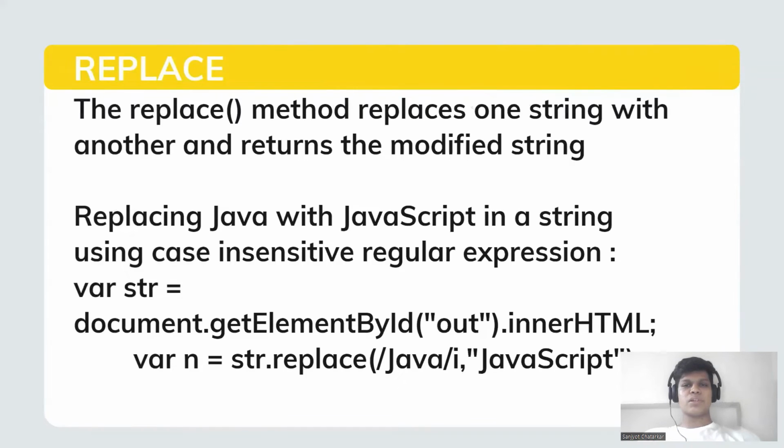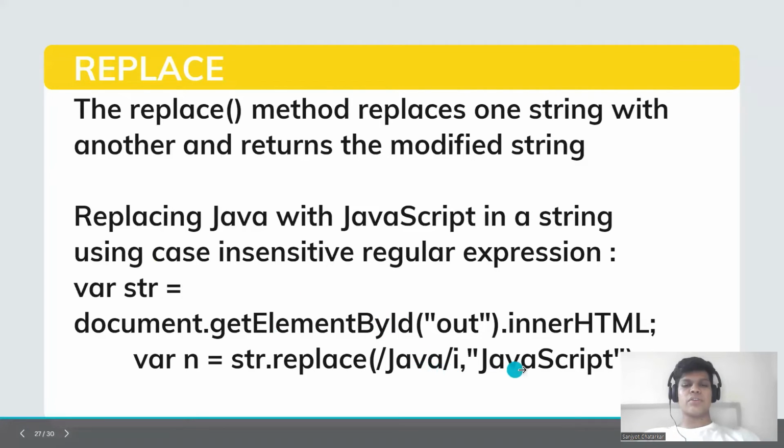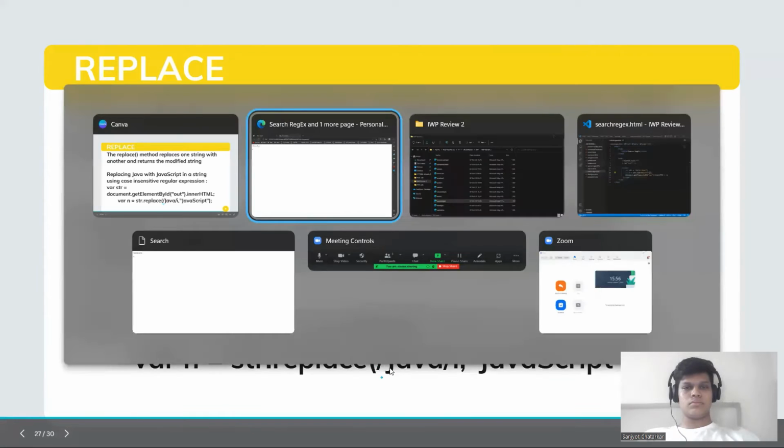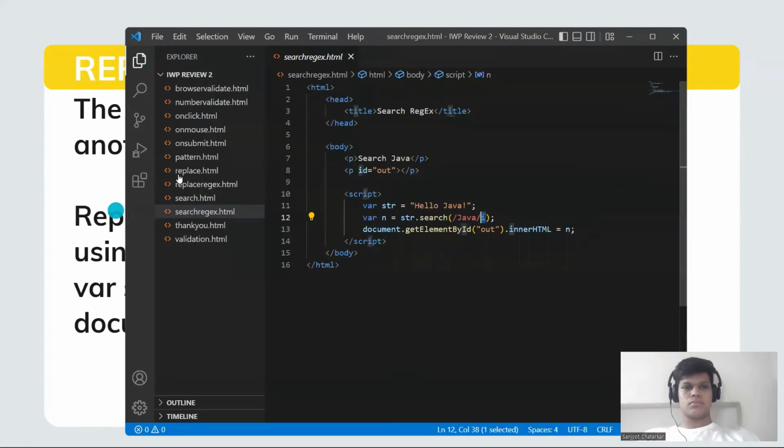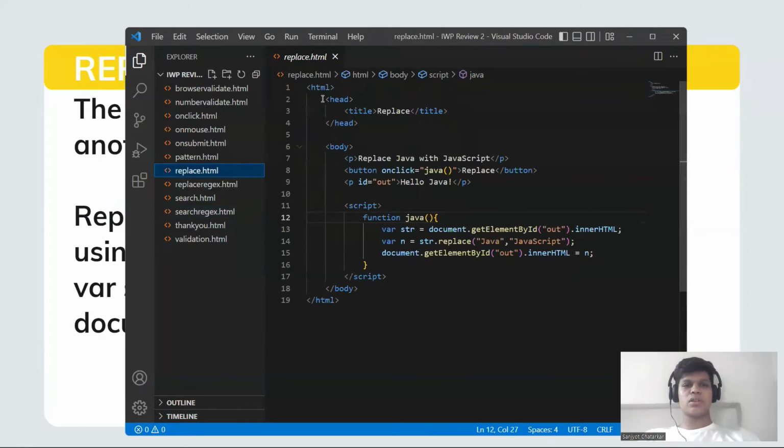Moving to the replace method, it replaces one string with another string and returns the modified string. So by example, we take Java and replace it with JavaScript. First, we will see the normal replace. Here we will replace Java with JavaScript by clicking the button replace.